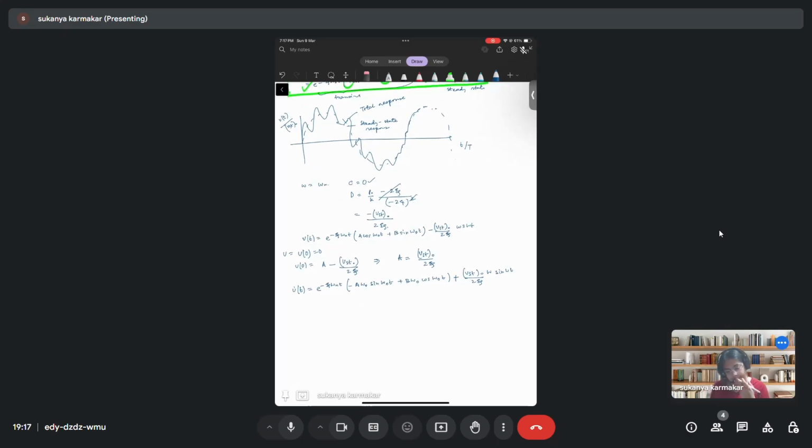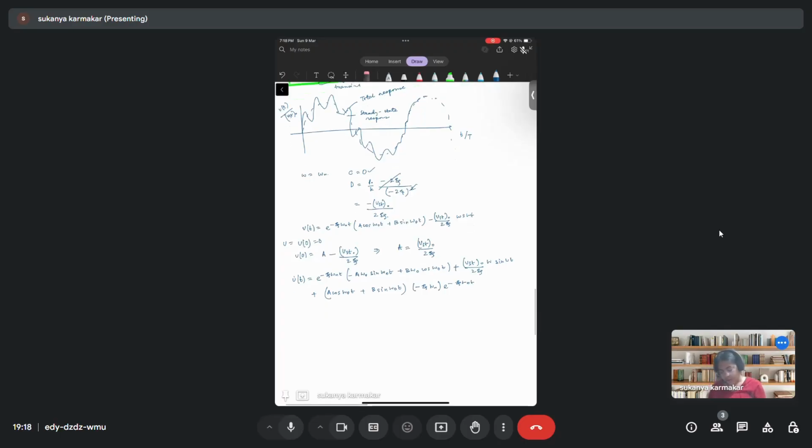Now I have other terms as well: a cos of omega dt plus b sine of omega dt, derivative of e to the power minus zeta omega nt is minus zeta omega nt into e to the power minus zeta omega nt.